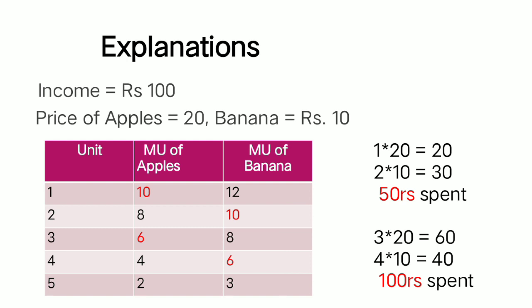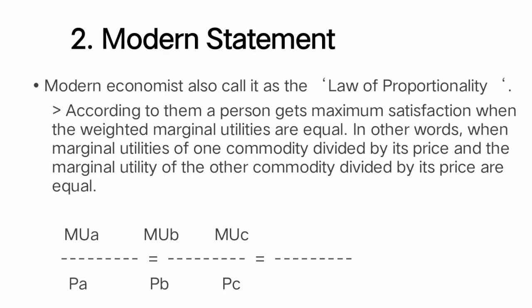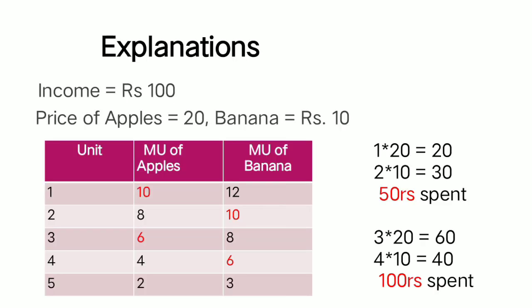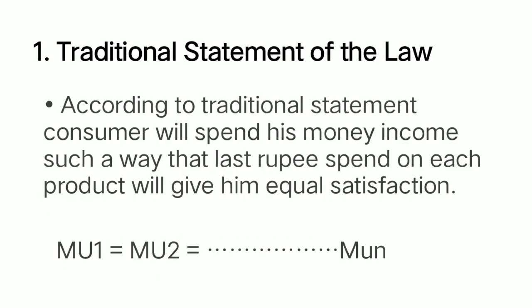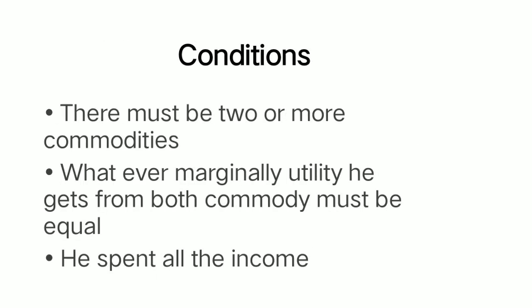The other one is 3 times 20 is 60 and 4 times 10 is 40. So the total is Rs 100 spent. Okay, so that's how the traditional statement of the law must be computed.